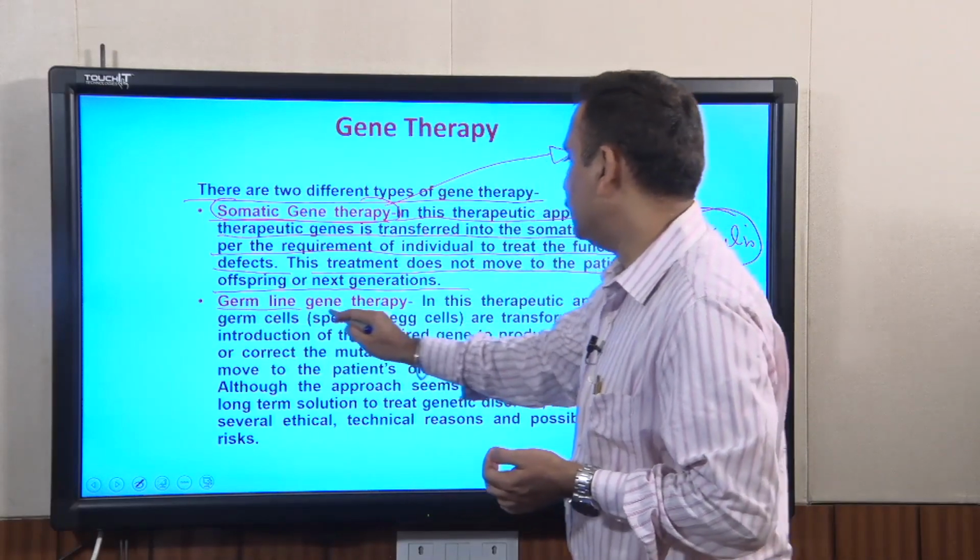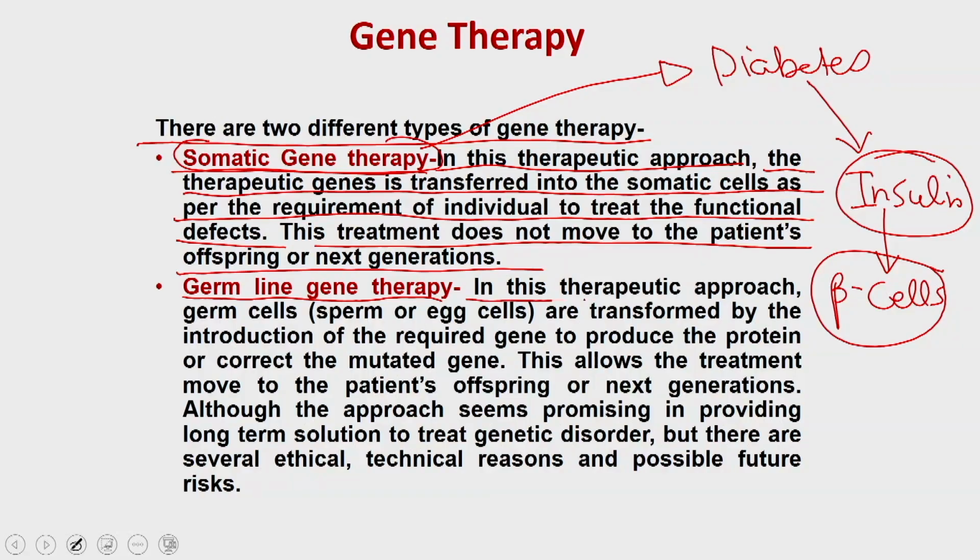Whereas, in germline gene therapy, in this therapeutic approach, the germ cells, for example sperm or egg cells, are transformed by the introduction of the required gene to produce the protein or correct the mutated gene. In some cases people only have mutations; they do not have a problem of overexpression or expression of this particular gene, they have a mutated gene.